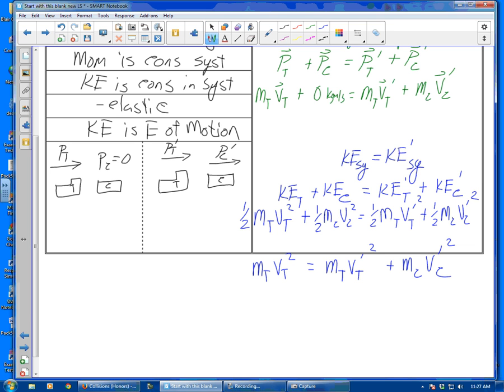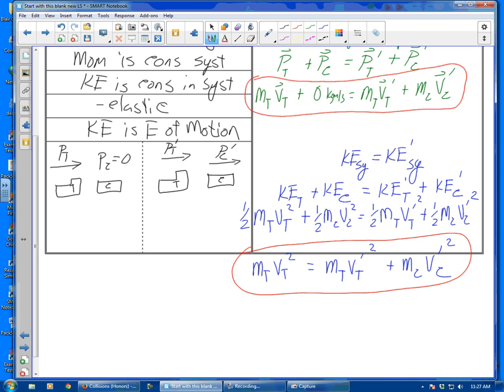The physics is all done, it's all math now, so you just have to solve these two equations, which have the same two unknowns, and you can find the V prime T and V prime C that it's asking for. Alright?